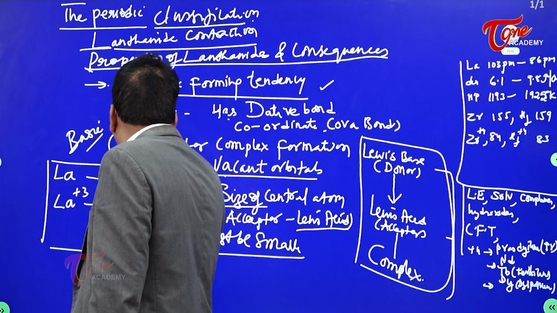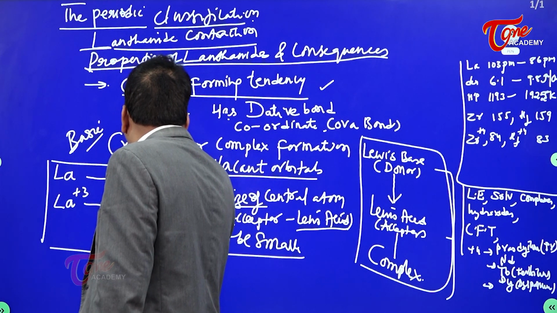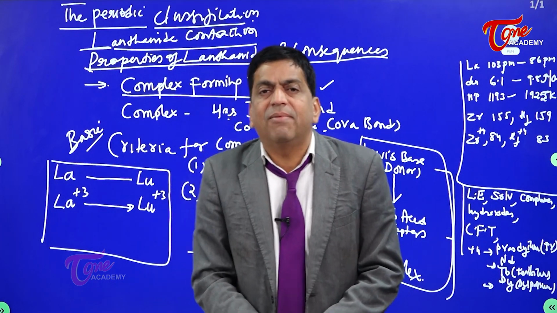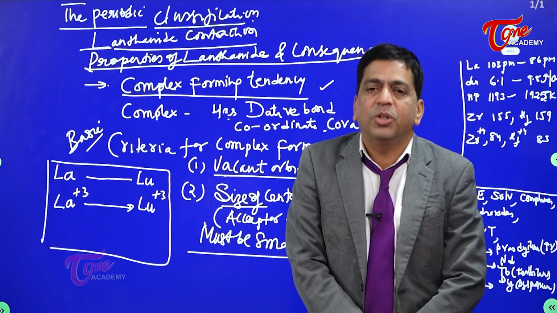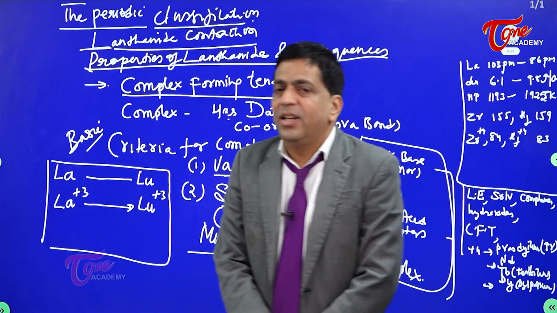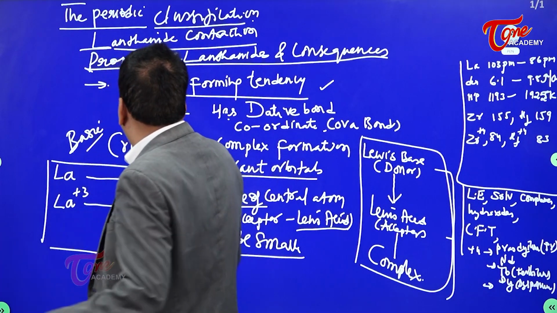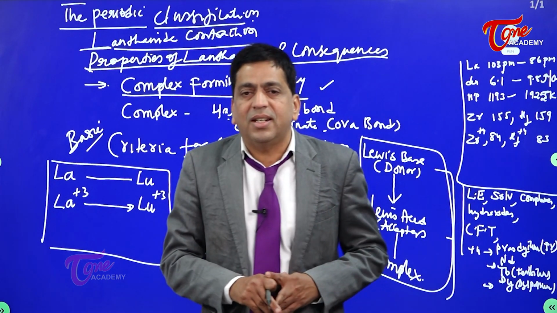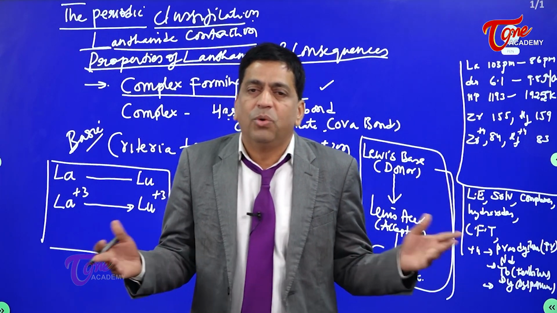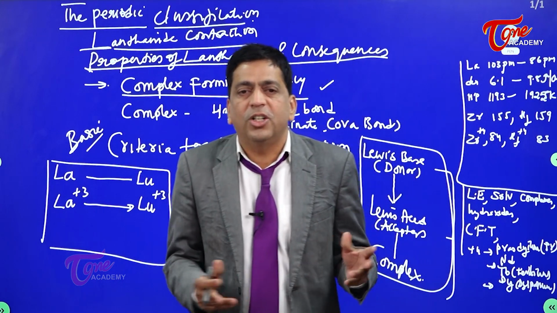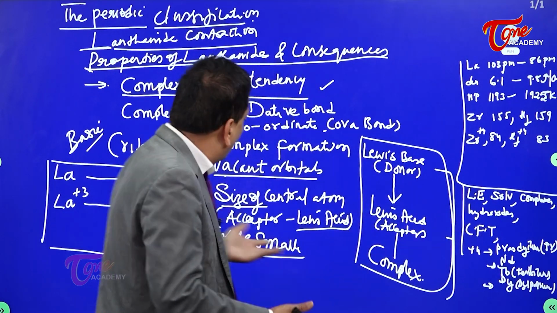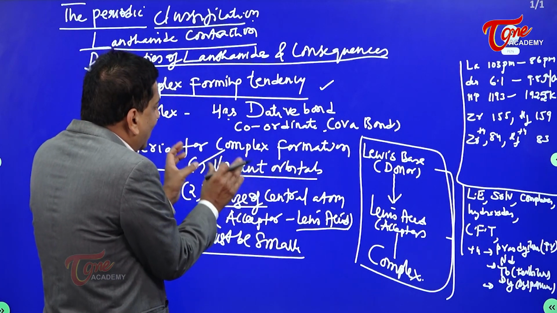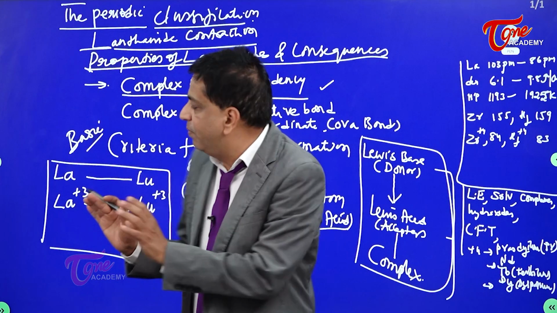And from here, it also forms plus 3. Because plus 3 is a common oxidation state that we find in what? Lanthanide contraction, you must understand. So if you look into this, lanthanum to lutetium, they both form plus 3 oxidation states, indicating that you have removed some electrons from lutetium and lanthanum and you are having vacancy. So the first criteria of having vacant orbitals seems to be met by both of these.